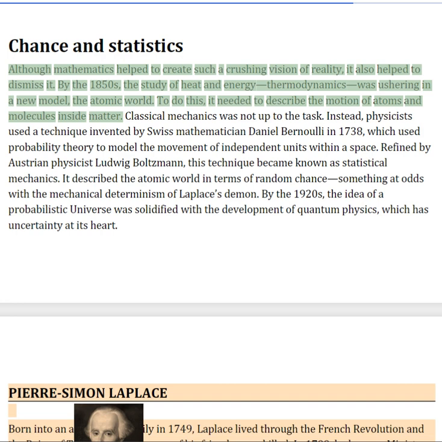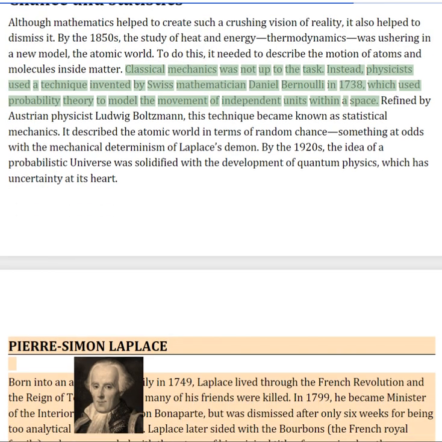By the 1850s, the study of heat and energy, thermodynamics, was ushering in a new model, the atomic world. To do this, it needed to describe the motion of atoms and molecules inside matter. Classical mechanics was not up to the task.